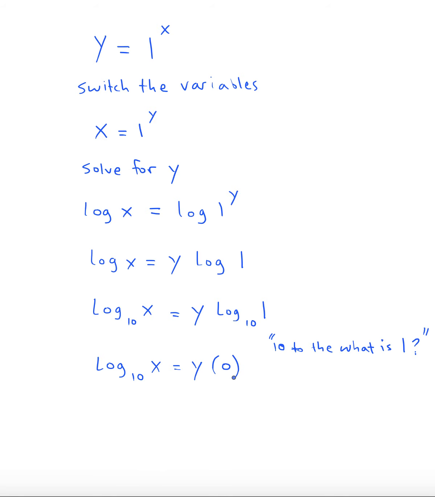If I were to divide by 0, I would have y equals log x over 0. Division by 0. Can't do it. What else would it be? Well, let's say we take the y out of it because we multiply and make it 0. Log x equals 0.